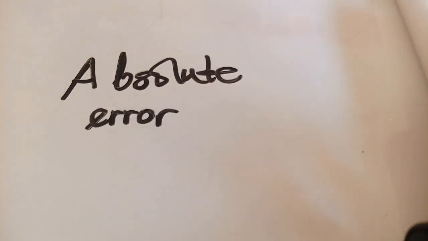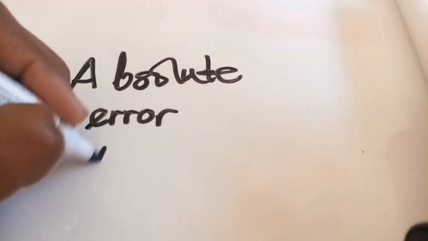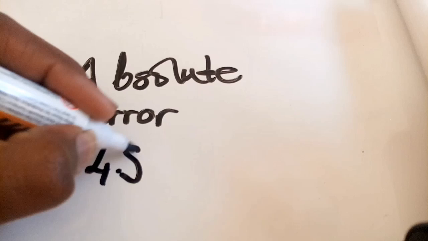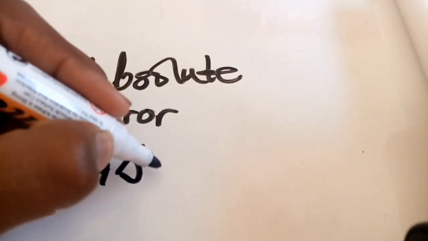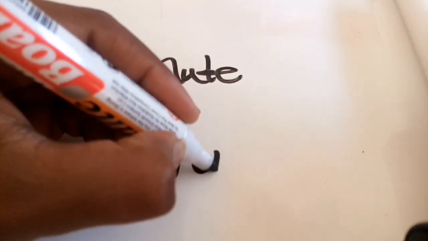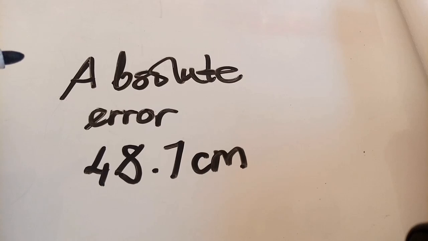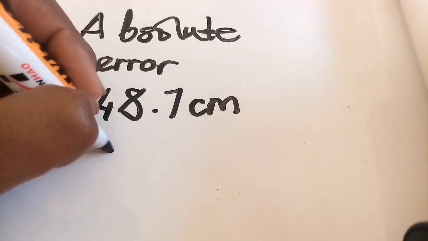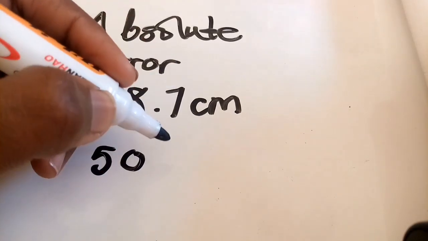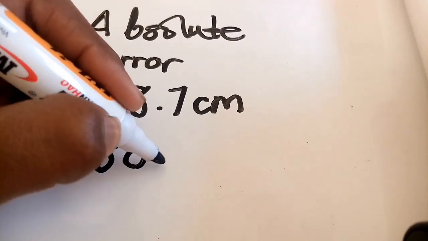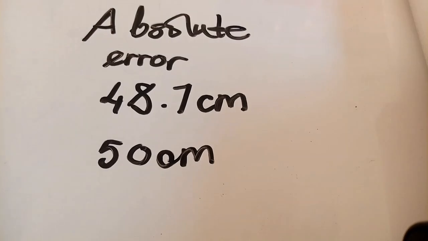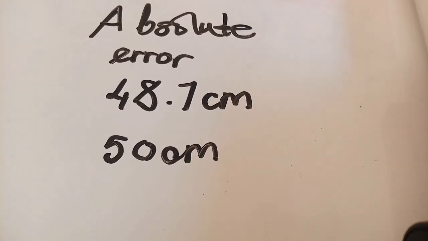So if I have a question such as, a table measures 48.7 centimeters. If the true measurement of this table is supposed to be 50 centimeters, and they ask us to find the absolute error.